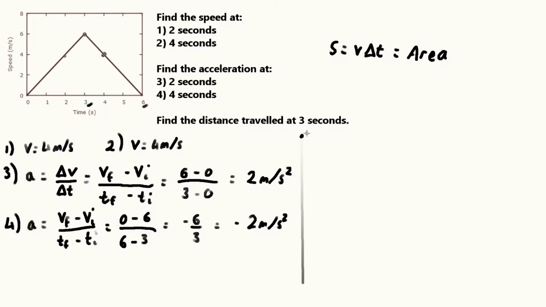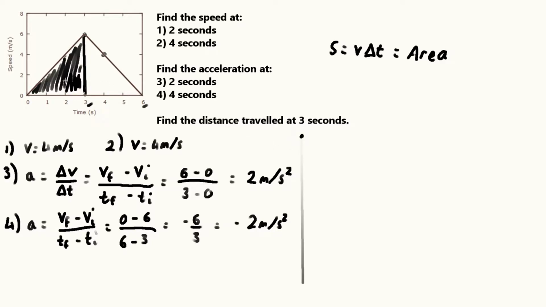We will need to find the area between 0 and 3 seconds, which we can shade in as this area here. If we find this area, then we will find the distance travelled.